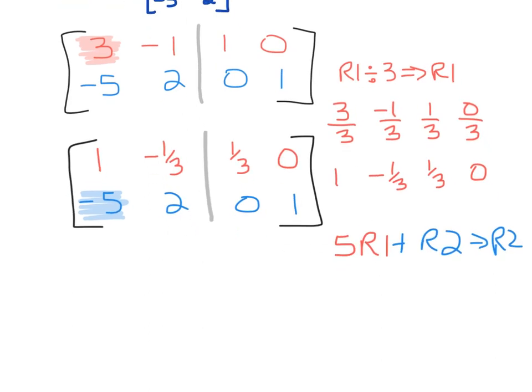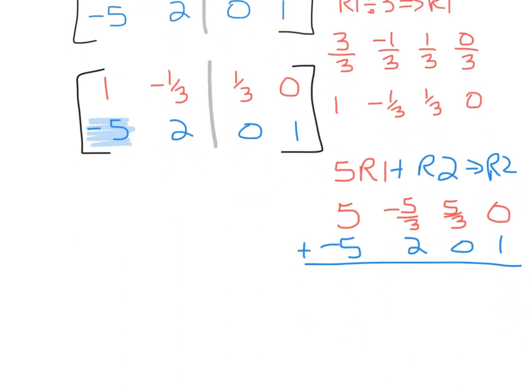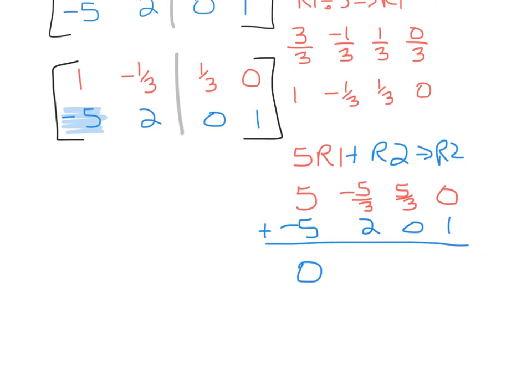So row 1, once I multiply it by 5, I get 5, -5/3, +5/3, and 0. I will add that to row 2. I get 0. So now I need to do -5/3 plus 2 over 1, common denominator here. This is a 3, sorry, 5 over 3.